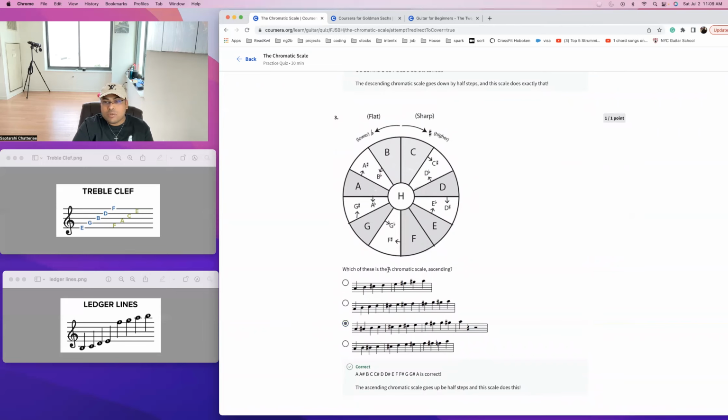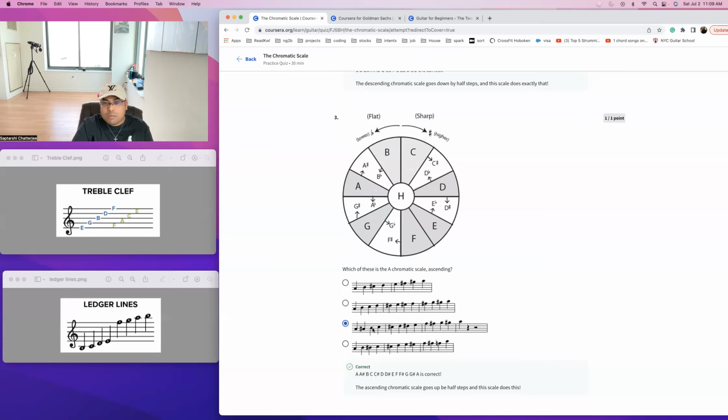Let's say which of these is a chromatic scale ascending. It will start from A. See, all the options start from this second gap. If you look at this second gap, this is A, right? So everything starts from A. After A, there is A sharp at the same position.